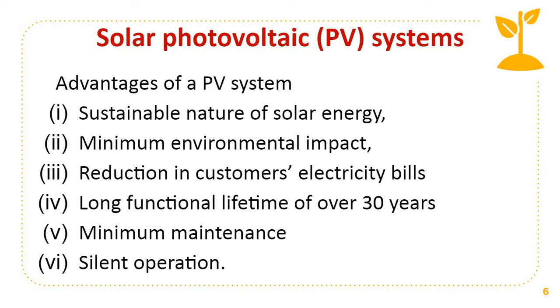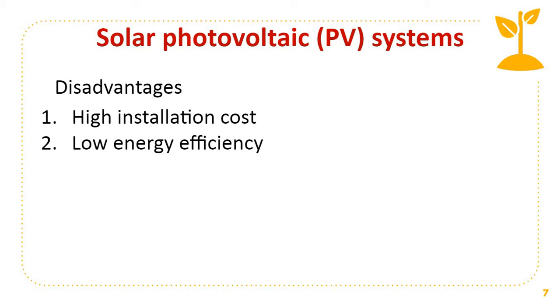The lifetime is almost 3 decades, and it requires minimum maintenance, and the operation is silent. Maintenance is basically cleaning the solar panels regularly. The disadvantage is the high installation cost and the low energy efficiency.